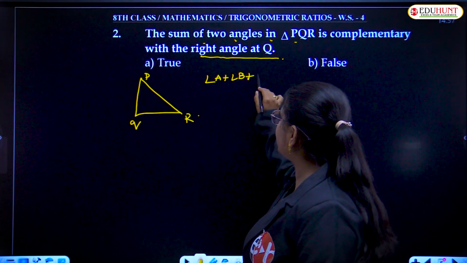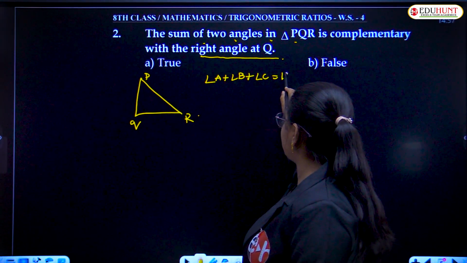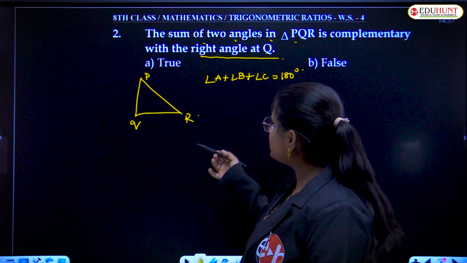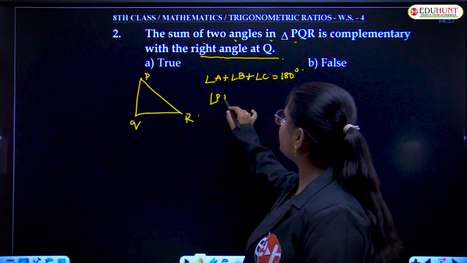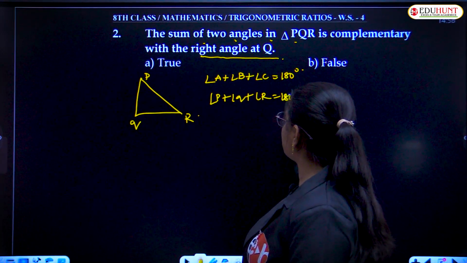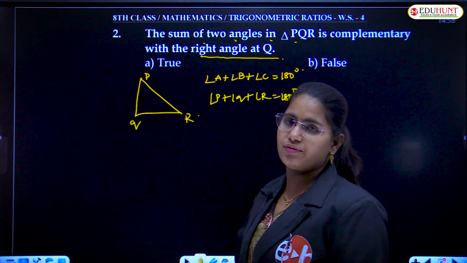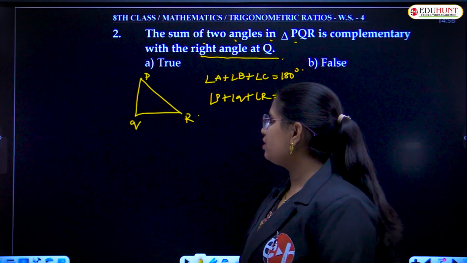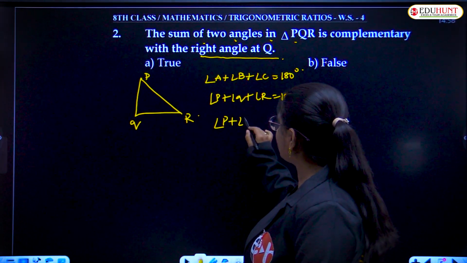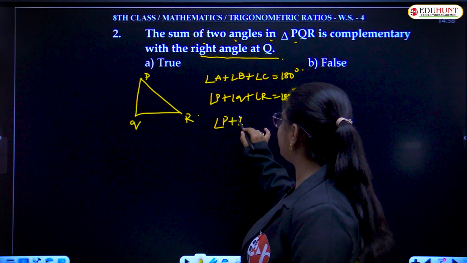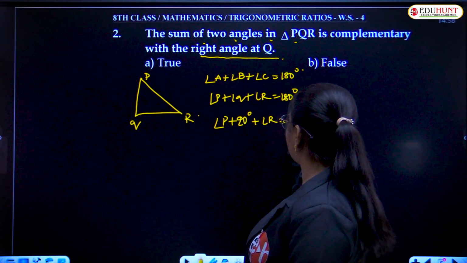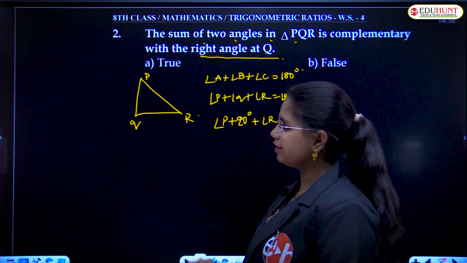Angle A plus angle B plus angle C is equal to 180 degrees, correct? So here we have angle P plus angle Q plus angle R. Don't get confused because here we have named the three vertices as PQR. Angle Q is 90 degrees, so angle P plus 90 plus angle R is equal to 180 degrees.